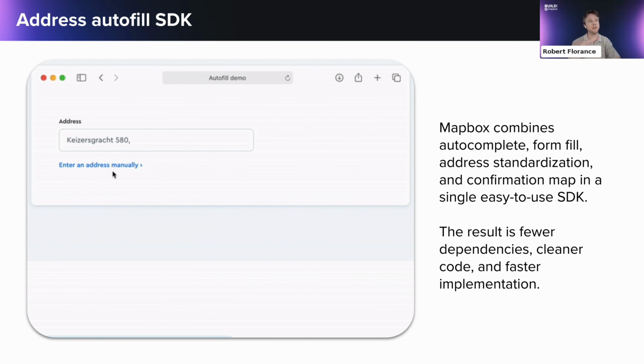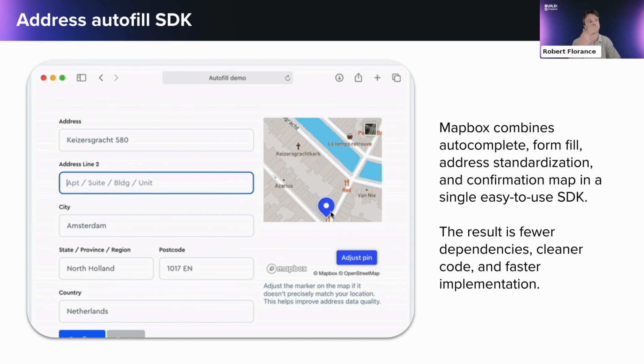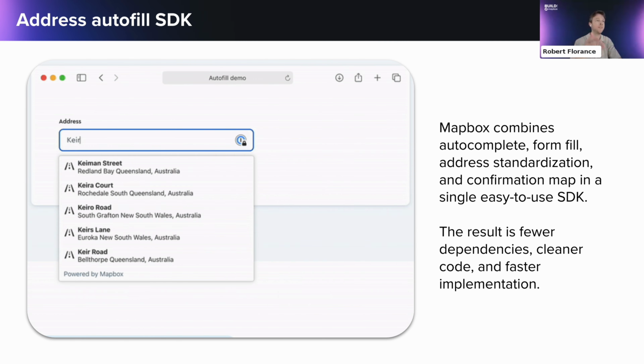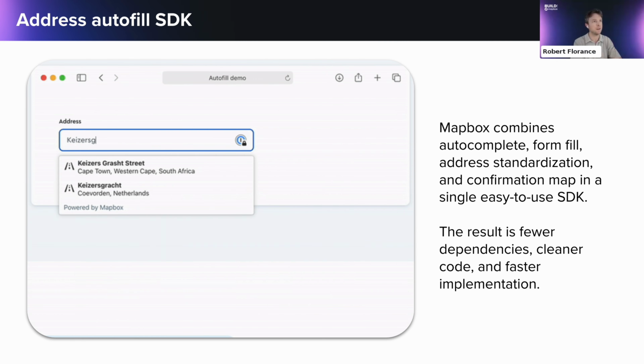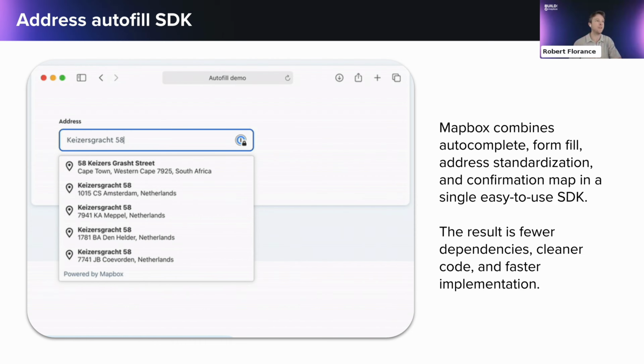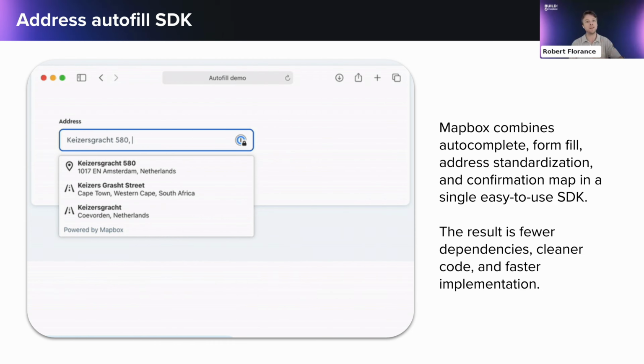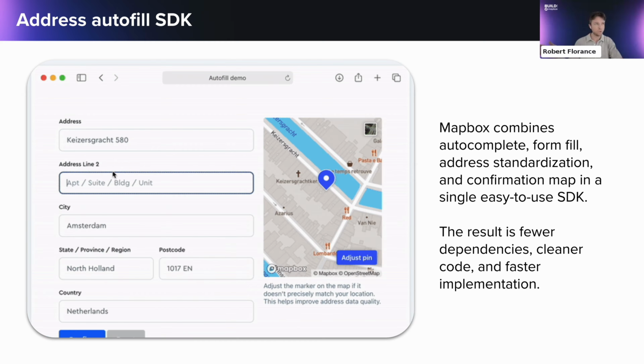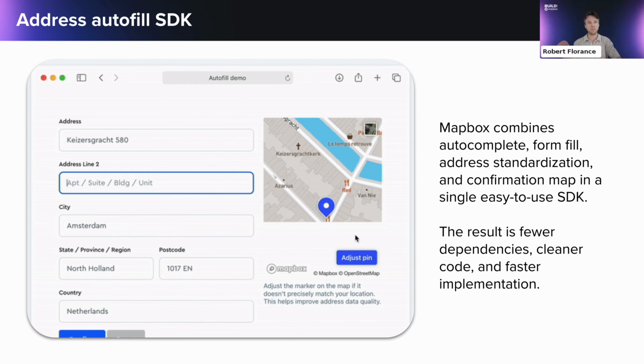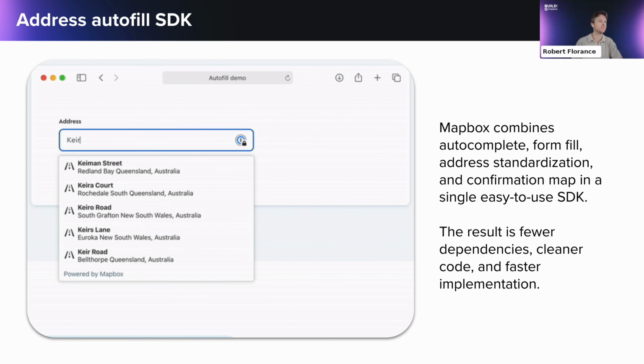It shows a little map on the side to give the user confidence that we have found the exact correct location for their house. If they need to, they can adjust the pin, as you can see here. That correction will get sent to our team, and we can make an update to say, hey, 2595 Lucky Drive is actually slightly to the north, and that's where a user wants to get their packages delivered.